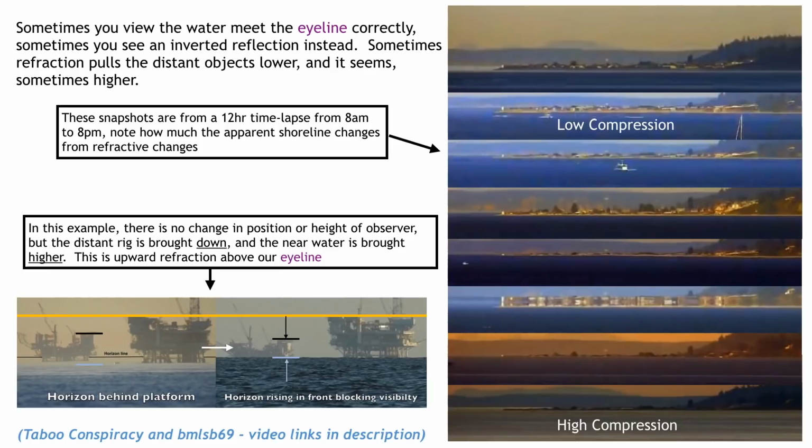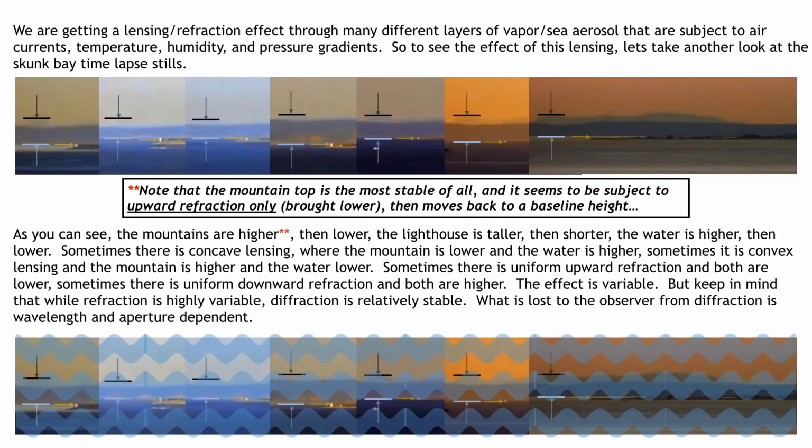And by correlation, the water does appear to be brought higher, but again, you can see that multiple times within the time lapse, as the water does tend to move up and down based on the turbulence of the water and any number of effects. So we are getting a lensing and refraction effect through many different layers of vapor, sea aerosol that are subject to air currents, temperature, humidity, pressure gradients, and so forth.